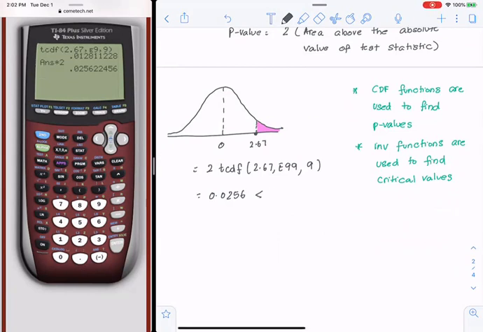Since 0.025 is definitely less than the alpha we chose, we can reject the null and conclude that we have found evidence toward the alternative.